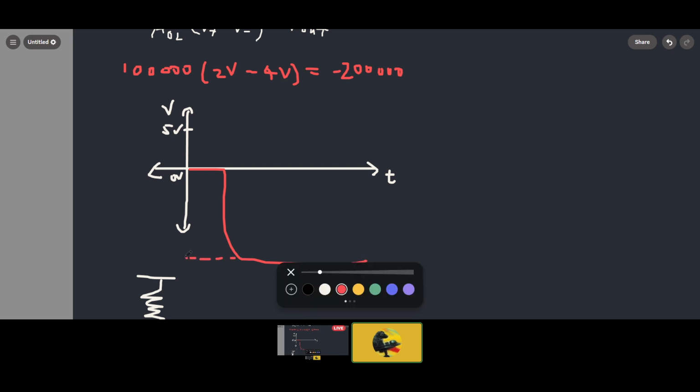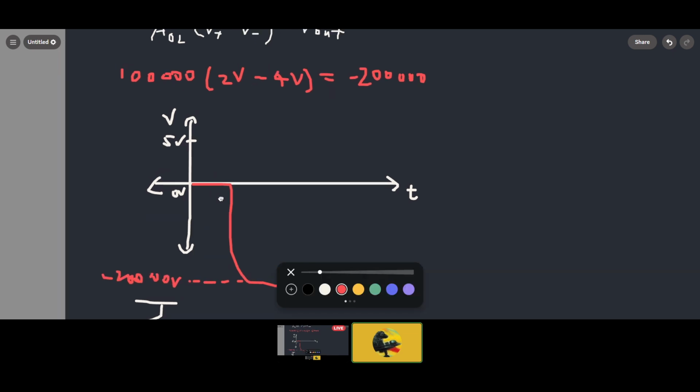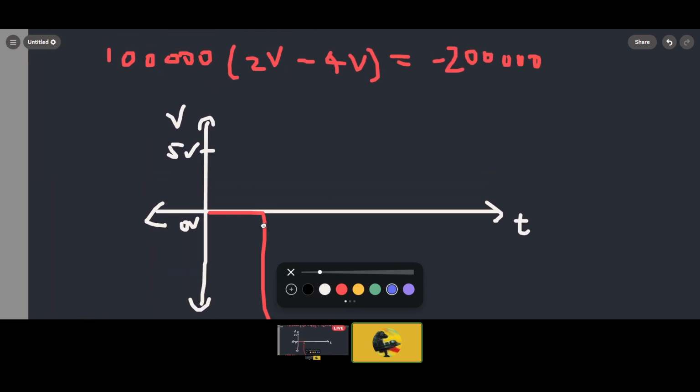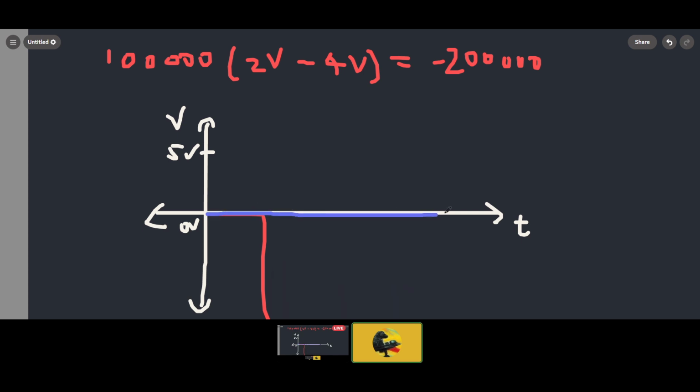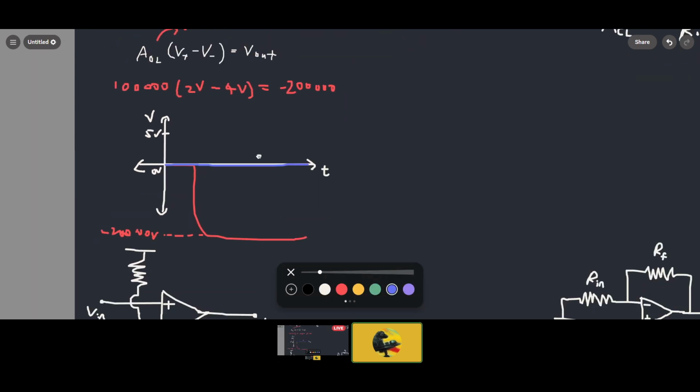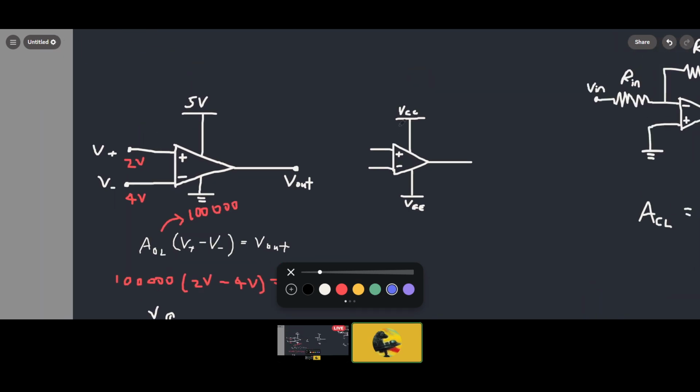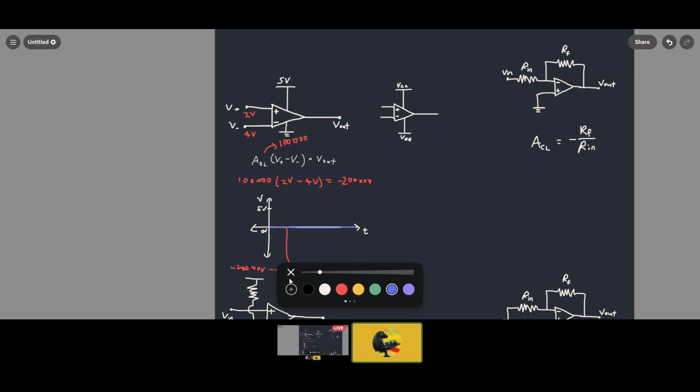But no, because it's clamped at 0 volts here, it cannot go any lesser than 0 volts. So blue, which represents the actual output, will just be a line like this. Okay, so that is the op amp and all this clamping shenanigans.